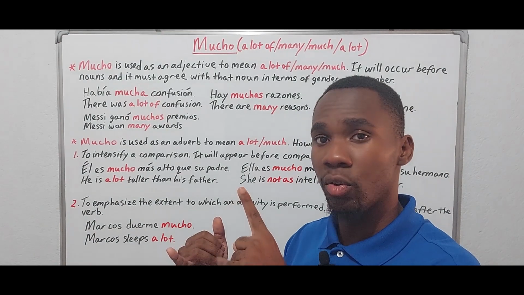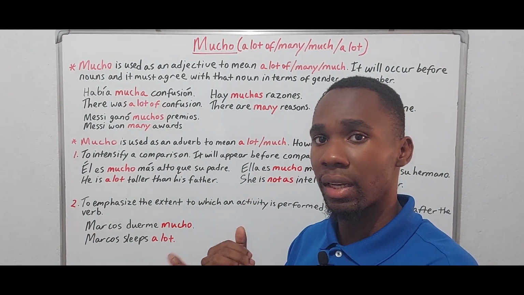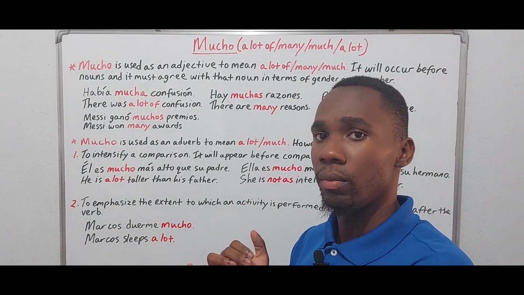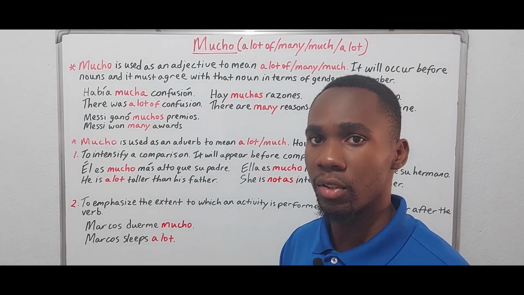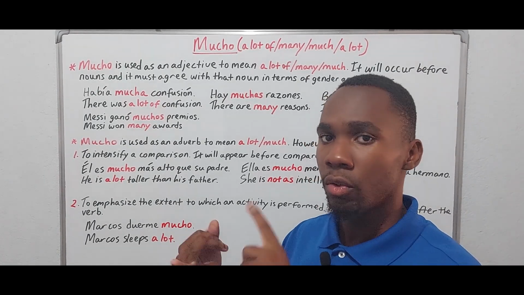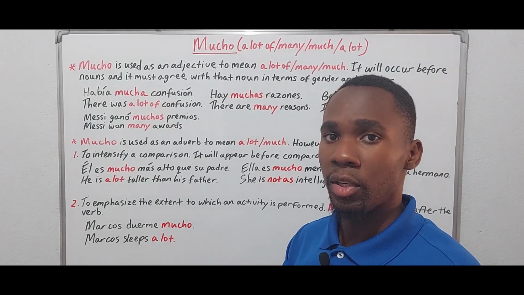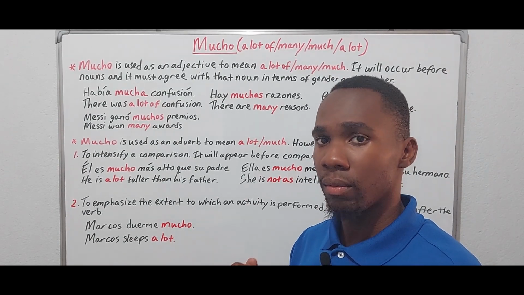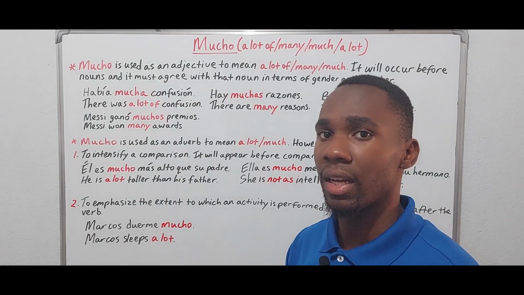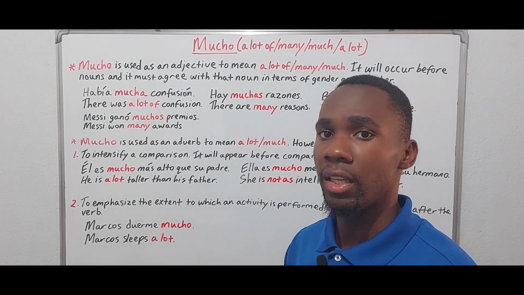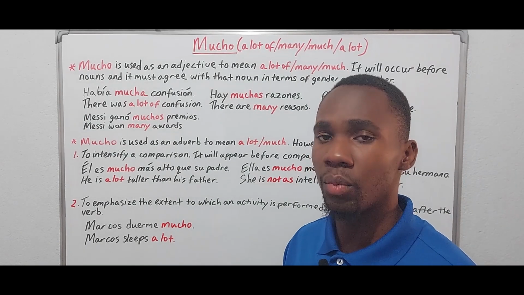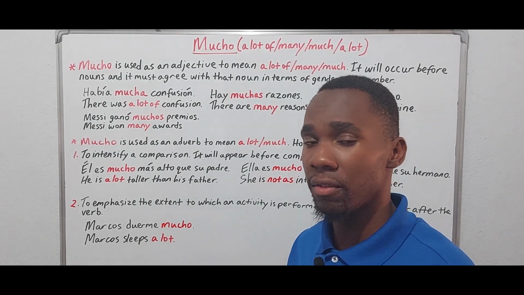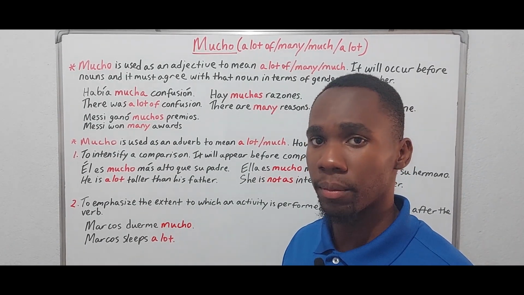All right, so these are the three uses of mucho. One, it can be used as an adjective, and in this case, it will precede the noun that it describes, and it must agree with that noun in terms of gender and number. Two, it can be used as an adverb, and when it is used as an adverb, it can have two uses. It can either be used to intensify a comparison, and in this case, it will appear before the comparative, and it does not change form.